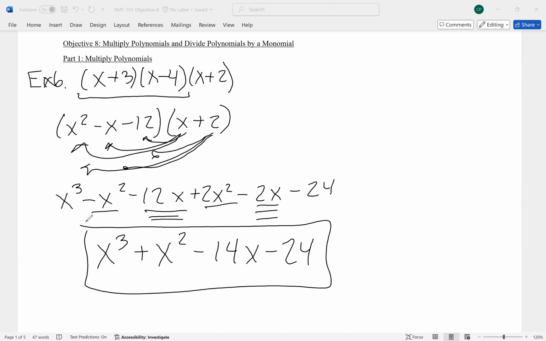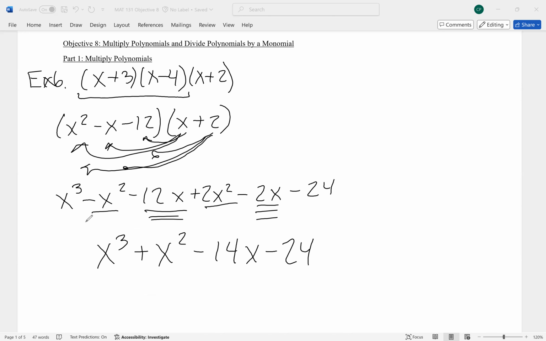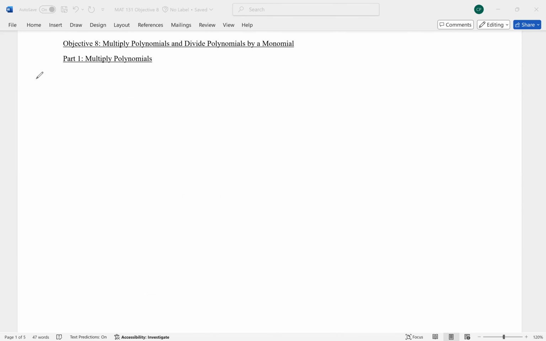And for the last one under this category, if we have multiple variables, okay? So with this one, the way it's set up, we could do FOIL.